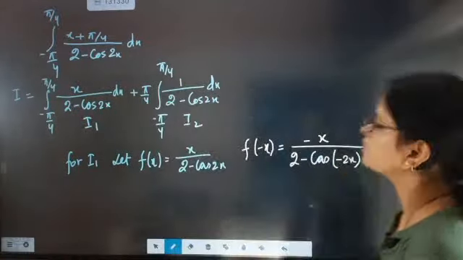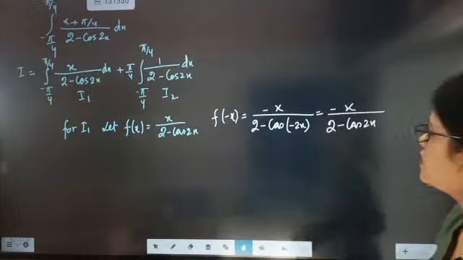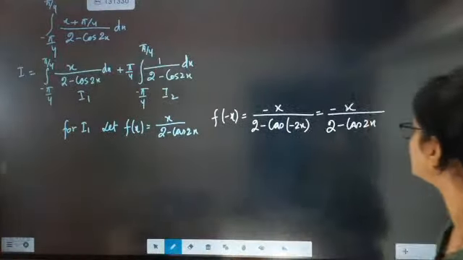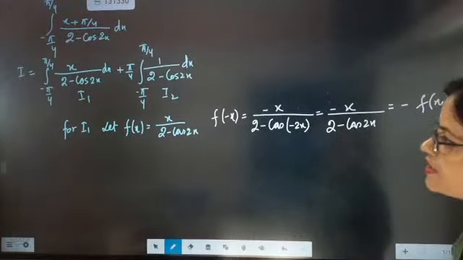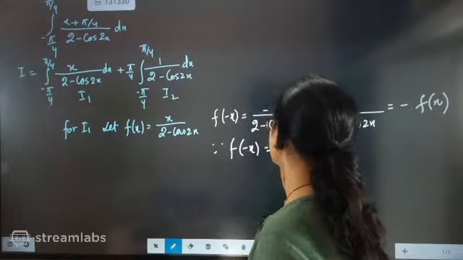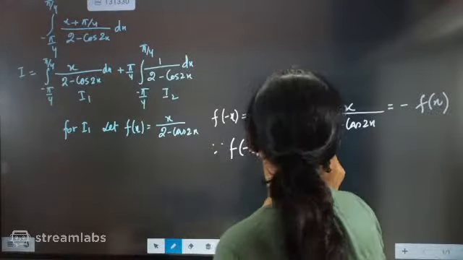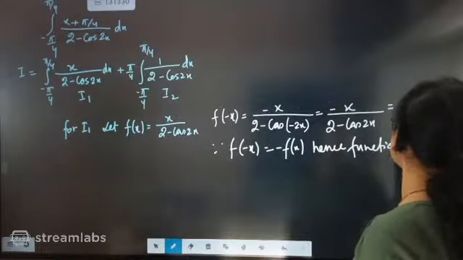First one is coming 0. Okay. First integral is coming as 0. Let's check this one out. Yes, I think the first integral is coming as 0, because it is coming as minus of f of x. Since f of minus x is coming as minus f of x, hence the function is odd.